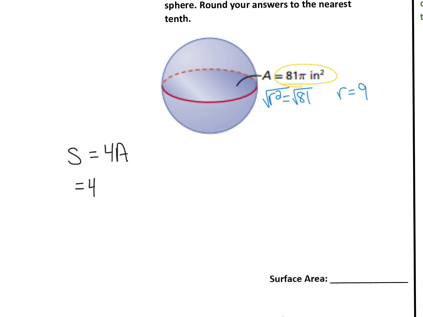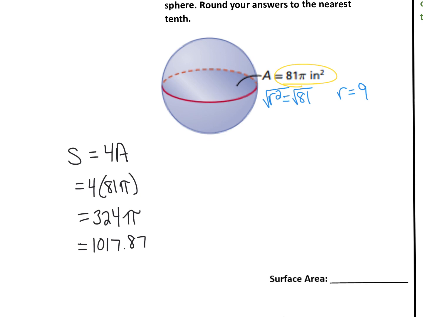So I have 4 times 81 pi. Okay, and if you went ahead and used the r and you used the 4 pi r squared, you would have gotten the same answer. Go ahead and do 4 times 81 to get 324 pi, and then we can go ahead and do 324 times pi, which will give me 1017.87.